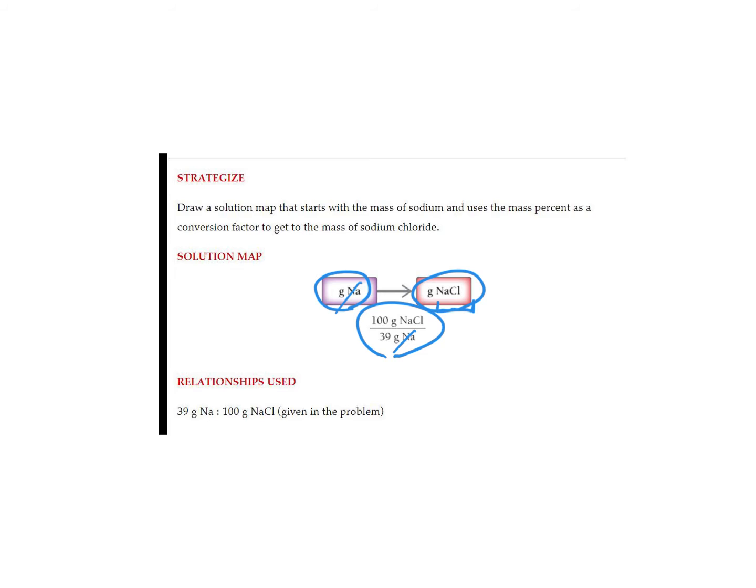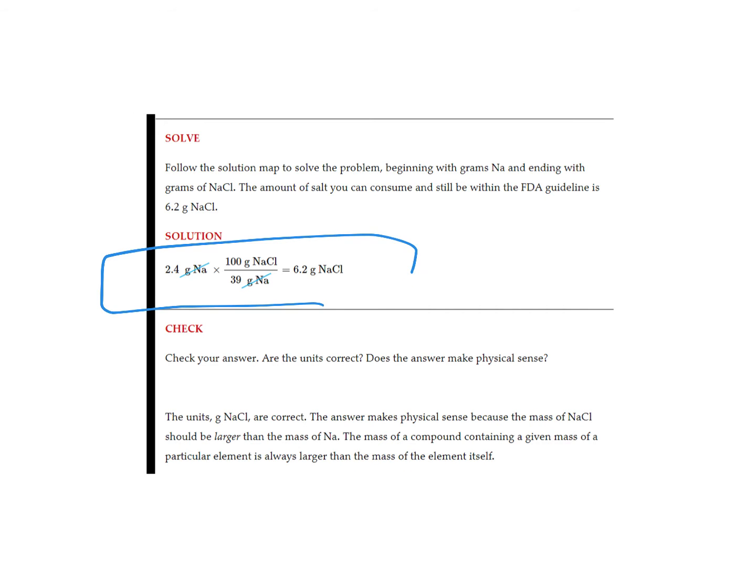You just write a ratio, and as long as you write it correctly, remember that you write it somehow that the denominator cancels with the numerator, right? And then you solve this type of problems. Any questions so far? Okay.